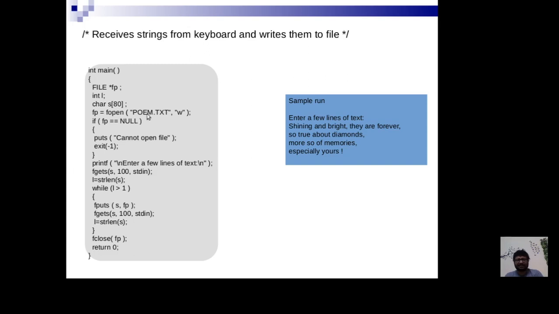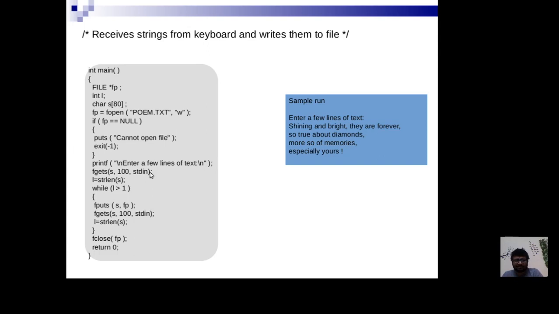If this file open operation fails, then you print out an error message and exit. Otherwise, you then ask the user for some lines that are to be written to this file, poem.txt.